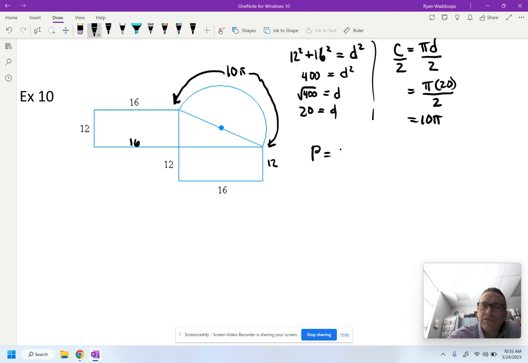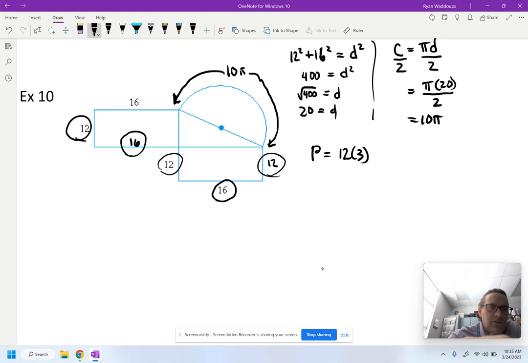So our perimeter is 12 times 3. 1, 2, 3 12s. And then I've got 1, 2, 3 16s. So there's 16 times 3. And then I have my 10 pi.